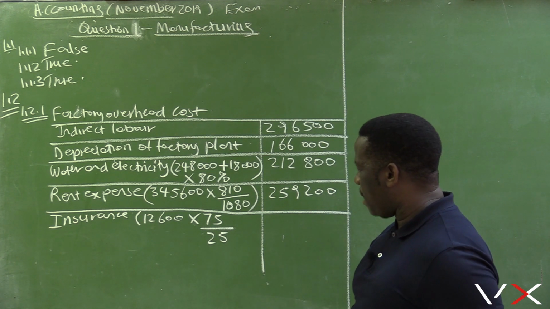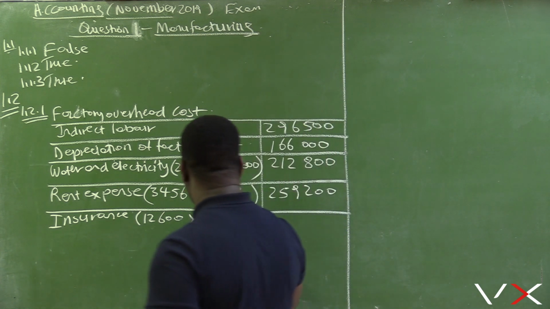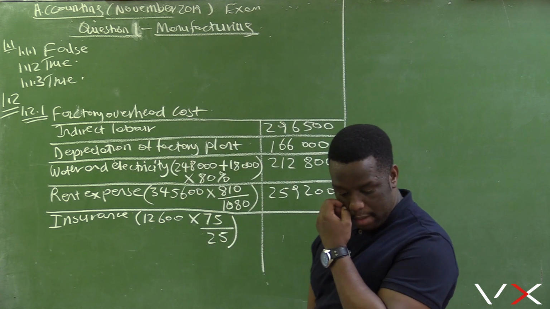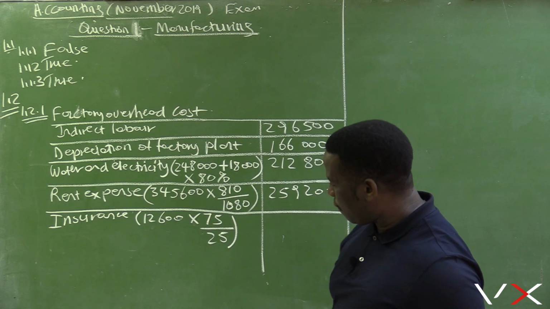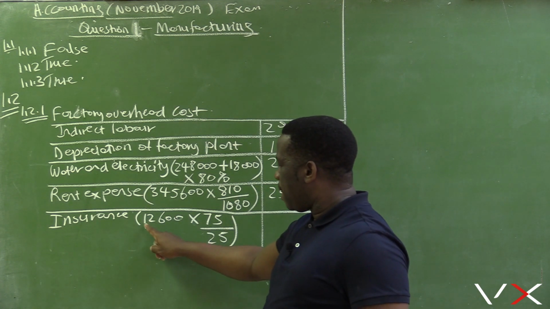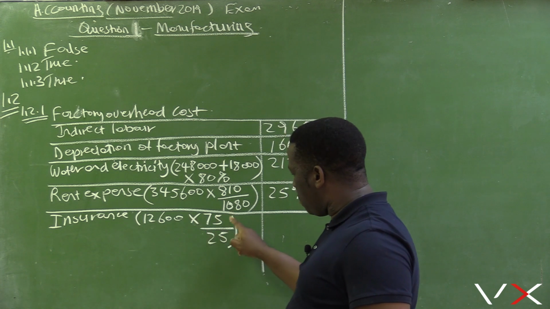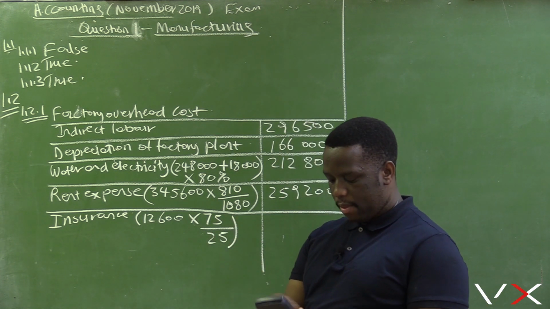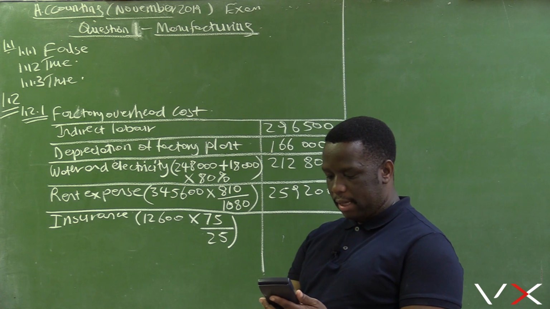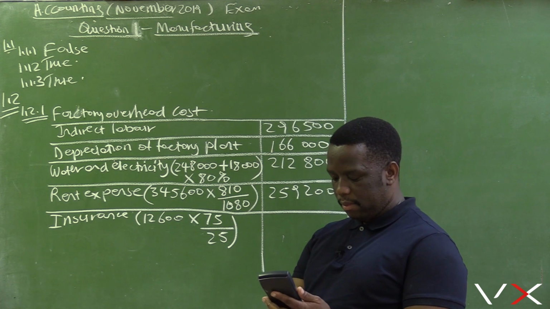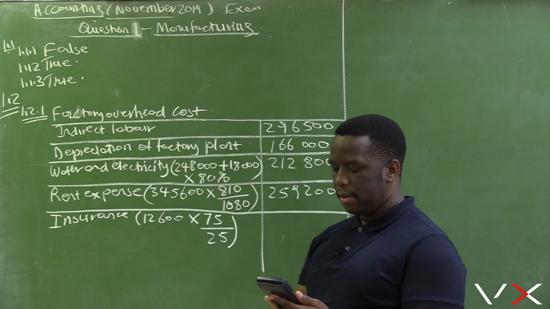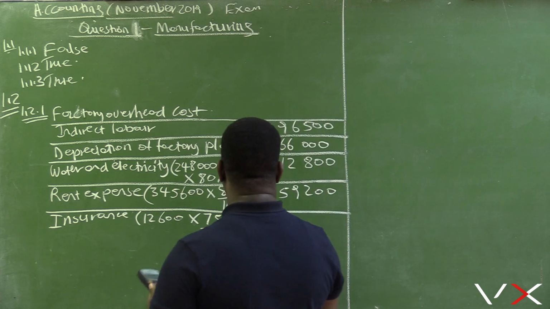So we multiply by the percentage of the amount that we want and divide by the percentage of the amount given. The percentage given is 25, which is 12,600, so it is 12,600 multiplied by 75 over 25, which equals 37,800.